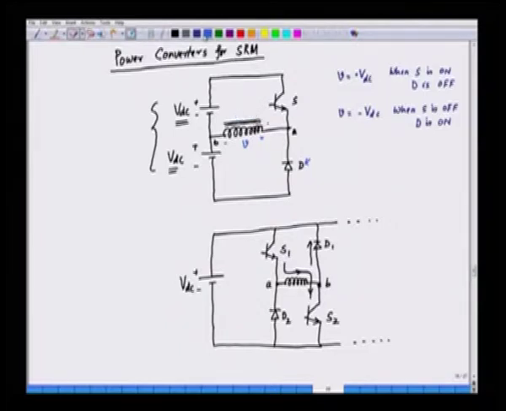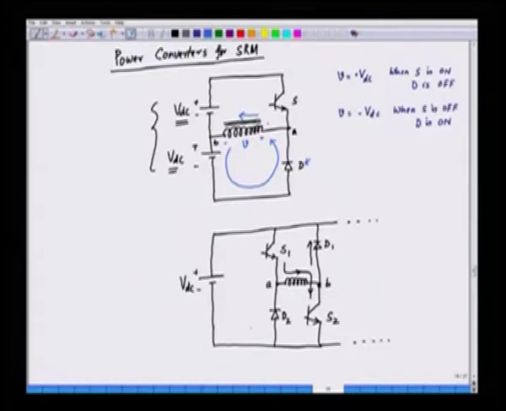and when this current vanishes, earlier this current was flowing in this direction, this path is not there. So, this current will try to maintain its direction through an alternative path. So, the path is provided by the diode.